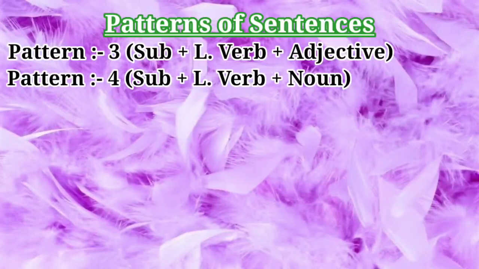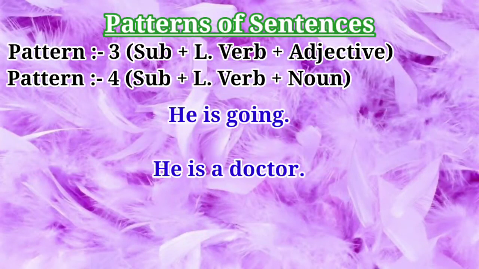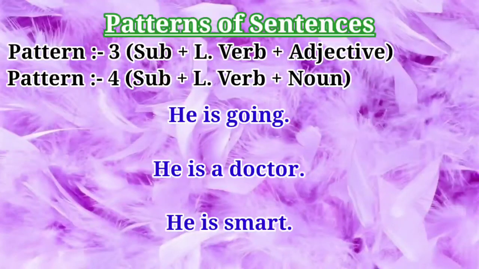Now look at the example. He is going. He is a doctor. He is smart. Now look at them carefully. All the 3 sentences have the general verb. Now we will differentiate as linking verb and helping verb. So remember, if there is an action word or main verb after the general verb, then it is a helping verb because it has the main verb.